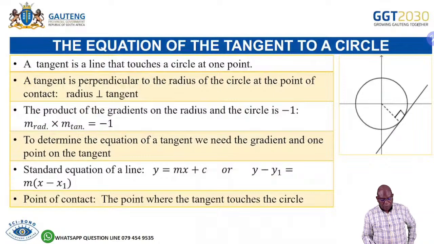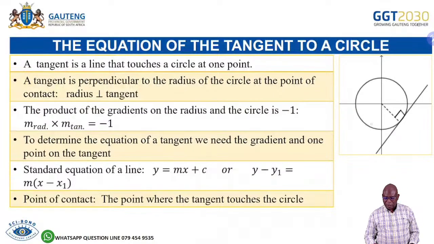Now, when we talk about the equation of the tangent, what is a tangent? First of all, we must look at the tangent to a circle. What is that? Because a tangent can mean a lot of things, but in this case, the tangent to a circle.